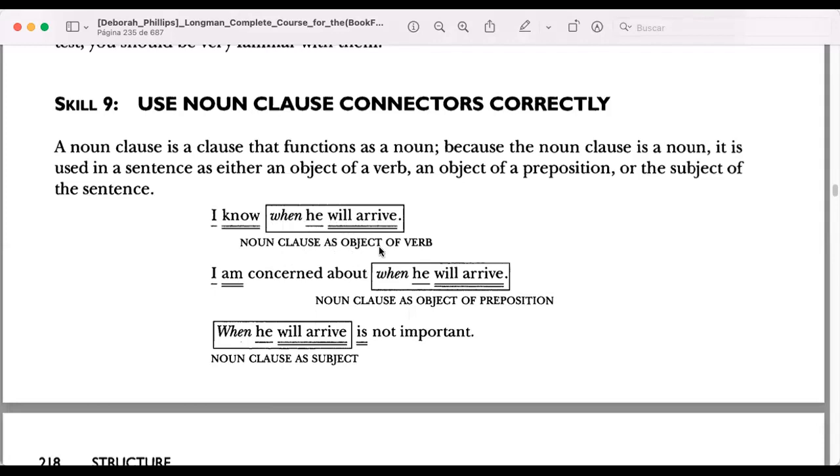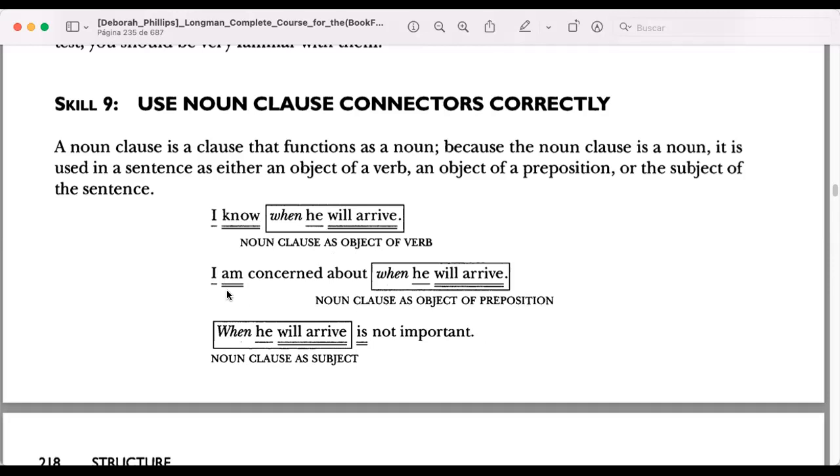Remember, as object of a verb means everything is a verb because I have the first verb here, know. In this case, the preposition is about, okay? And in this case, as a subject, because in this sentence, how can I describe this?